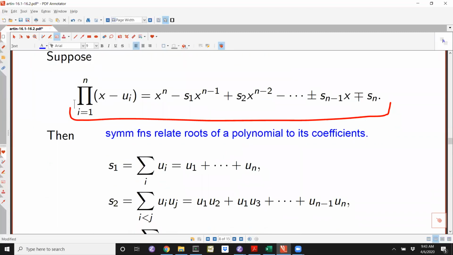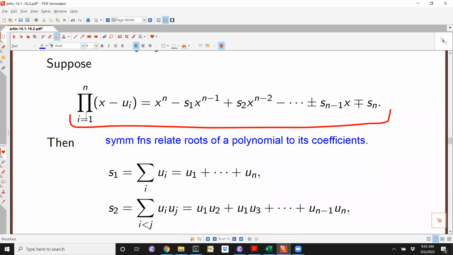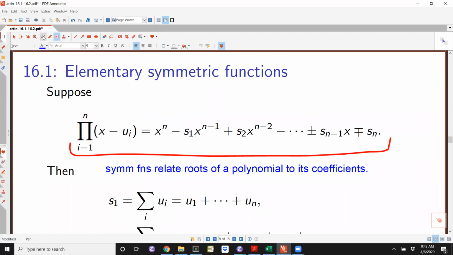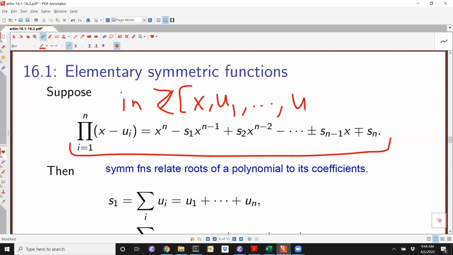So, here's the definition. You can think of this as taking place in some gigantic polynomial ring. If you're feeling fussy, you could think of this as all taking place in the polynomial ring Z[x, u1, ..., un].